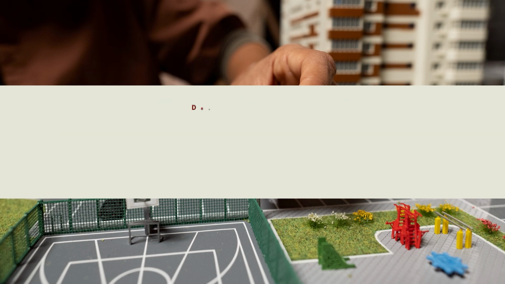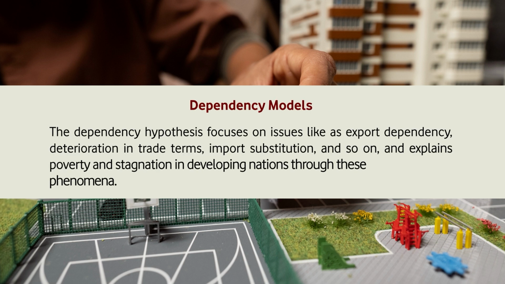There are dependency models also, and the dependency hypothesis focuses on issues such as export dependency, deterioration in terms of trade, import substitution and so on, and explains poverty and stagnation in developing nations through these phenomena.